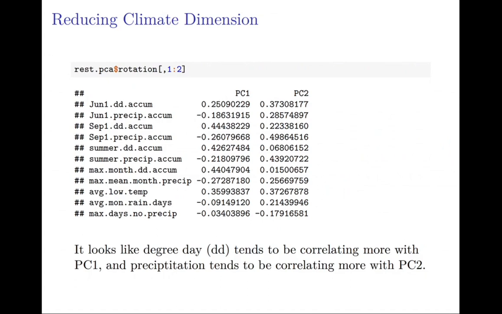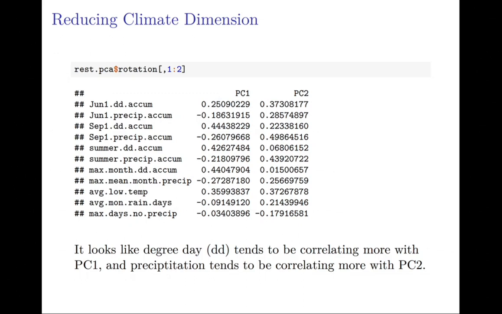And so if we want to try to understand what variables are really explaining or falling along PC1 and PC2, we can plot them or print them out here, and then we look at the absolute value of each variable on each PC. For the first PC, the highest absolute values tend to be related to degree day.